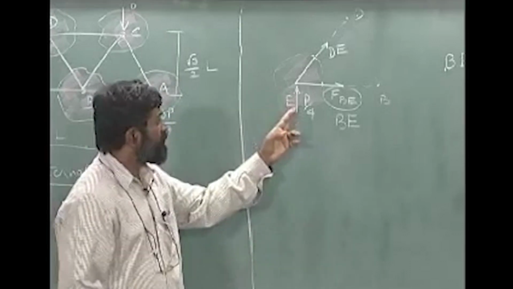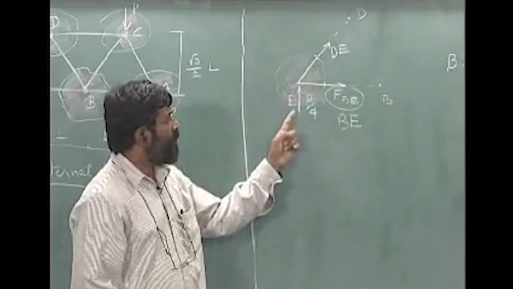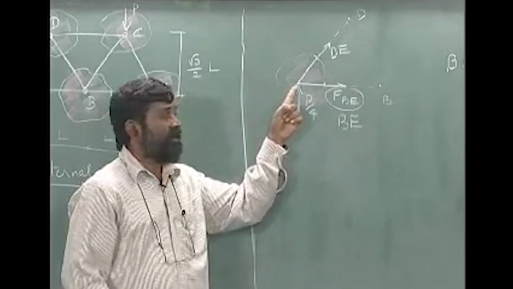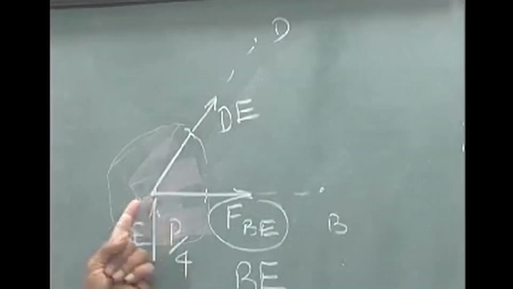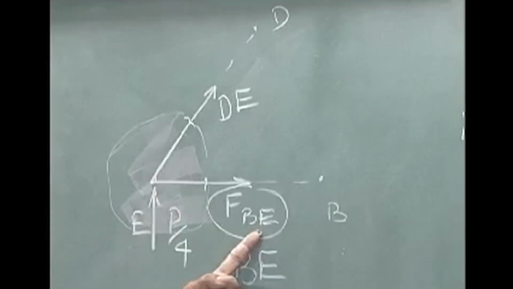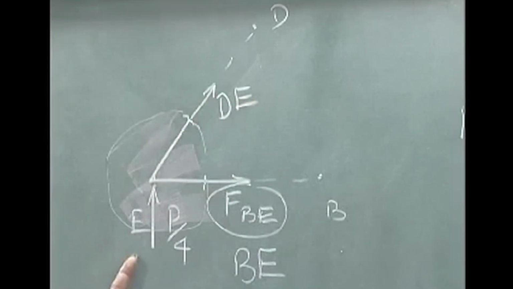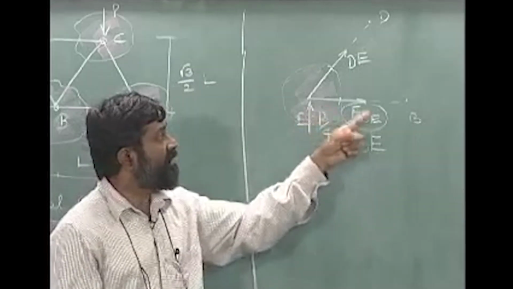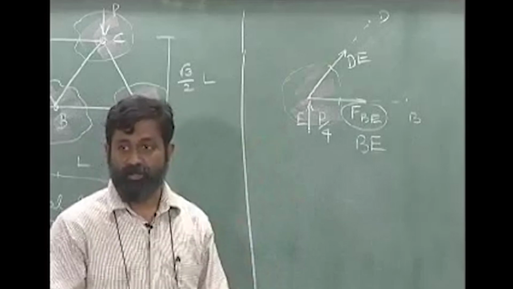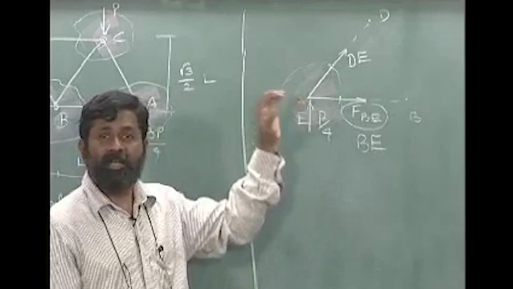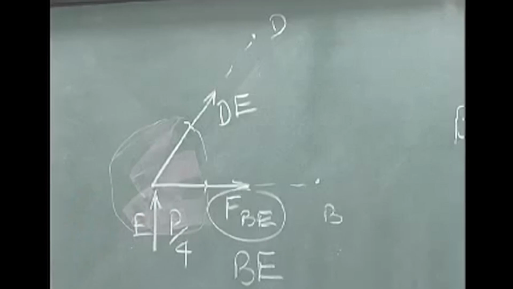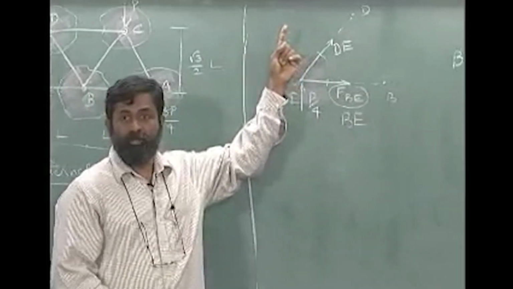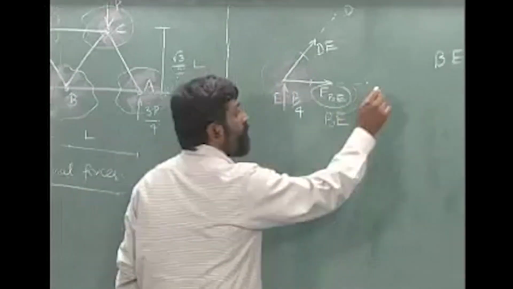Well, since these three forces are coincident at E, you can see that from E, BE is emanating, DE is emanating, the force P by 4 is merging, which means these three forces are coincident forces, and therefore I cannot write any moment equation separately. I will only have two equations for vertical and horizontal equilibrium.